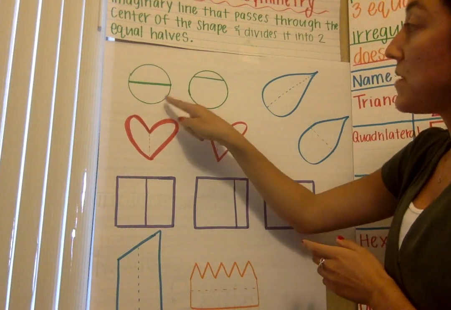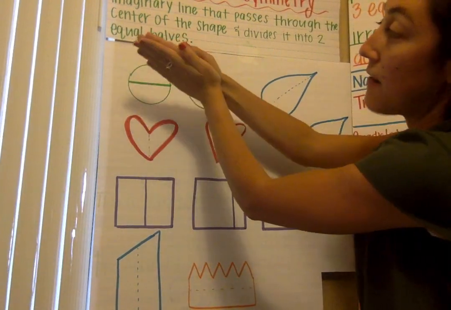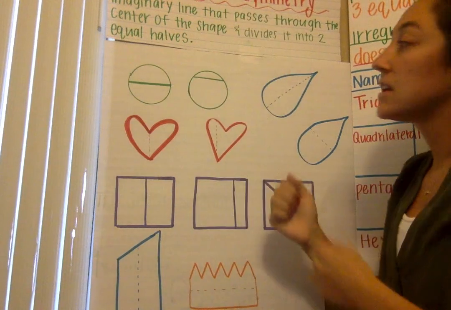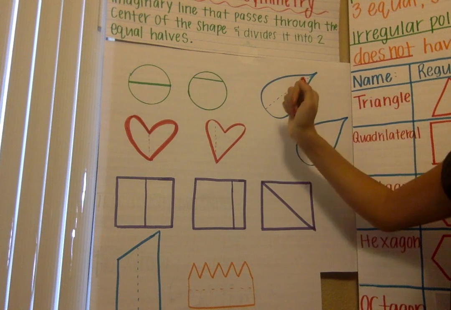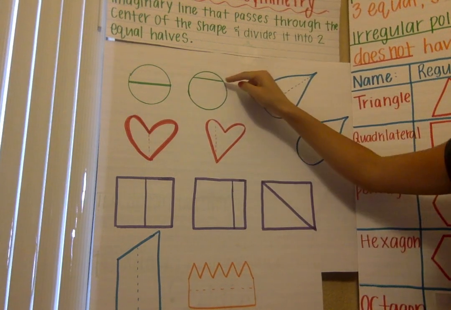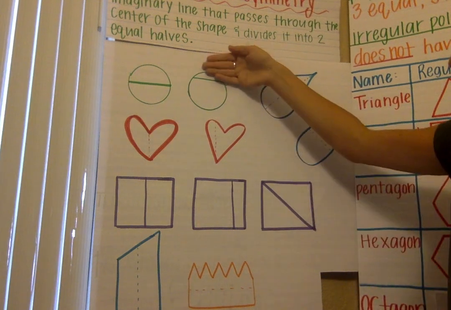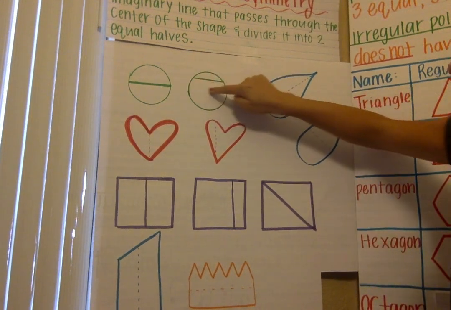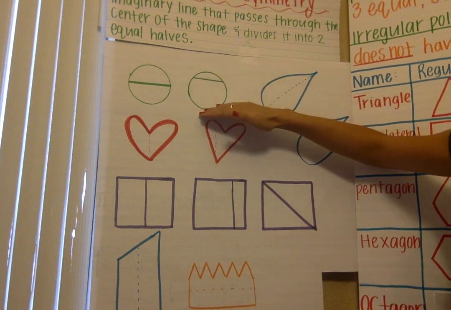So this would be considered a line of symmetry right here, because you would have 2 equal halves. Now, if I folded right here on this line, I'm not going to have an equal line of symmetry because it's not going to be equal here. If I folded this down and over, it's probably only going to come to about here. And we need it to come all the way down to the bottom.